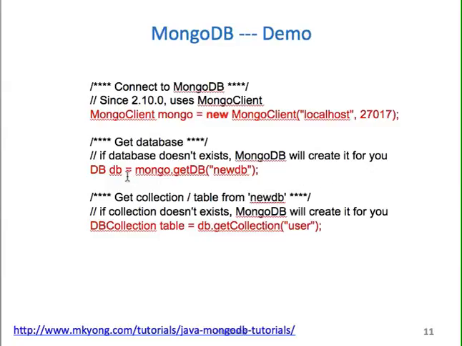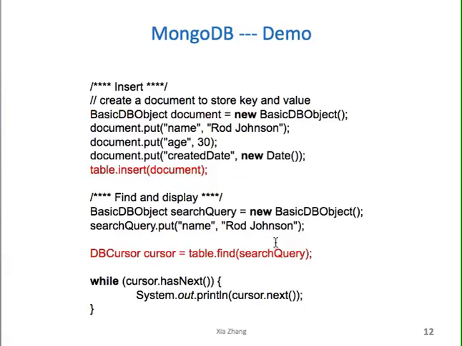To get the database, you use getDB, and to get a collection, you use getCollection. And to insert, you first create a BasicDBObject to store the key and value, and then use the insert method to insert that document.